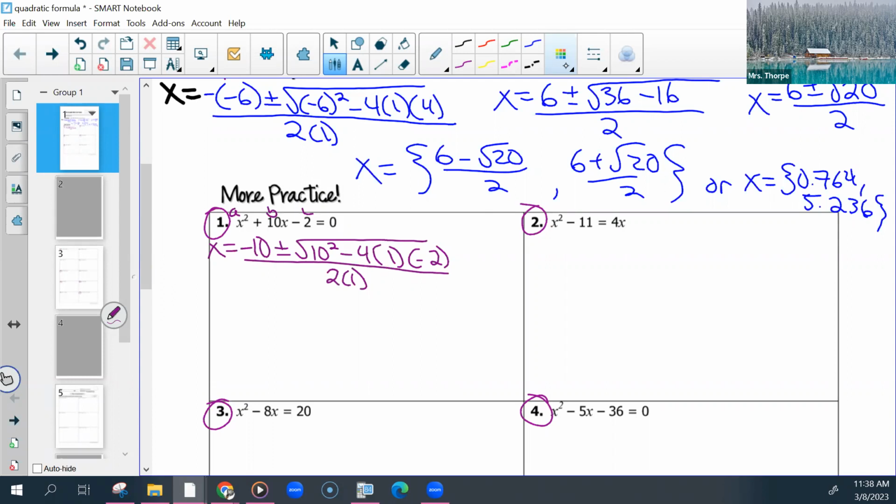Then we can start to simplify. 10 squared is what? 10 times 10, 100. Then -4 times 1 times -2 is +8.